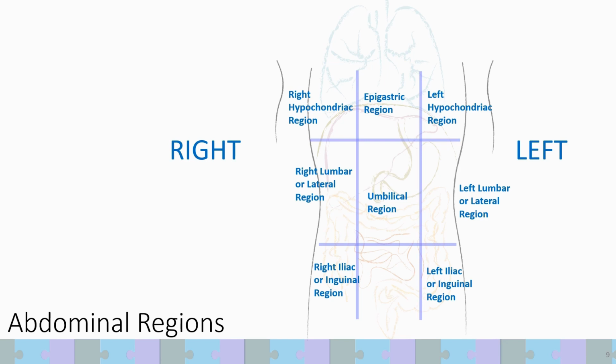Moving down right into the dead center of the tic-tac-toe, this is the umbilical region. Umbilical. And this very bottom portion is the hypogastric region. So in that center, that top portion is called epigastric, and the bottom is called hypogastric. So different prefix, same root terms.